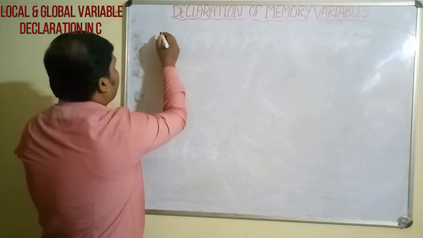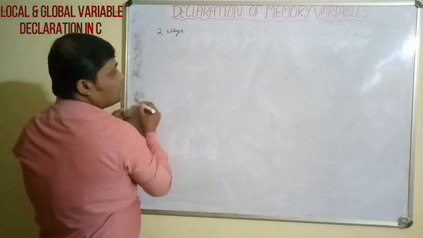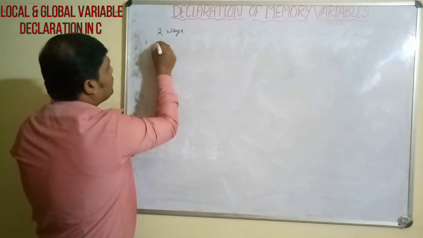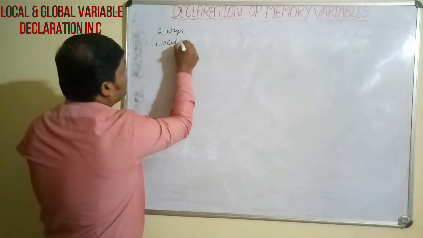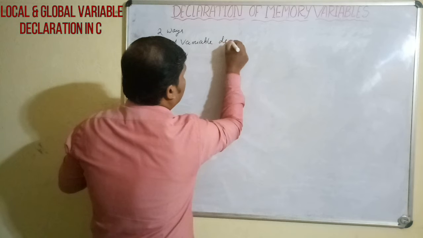We can declare the variables in two ways. First one is local variable declaration.